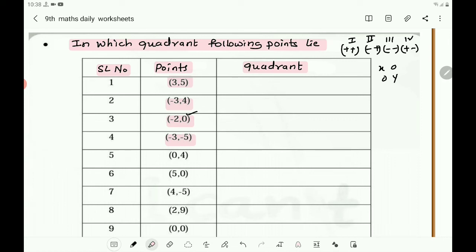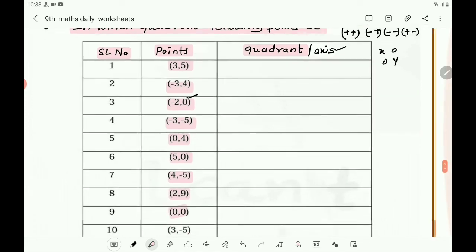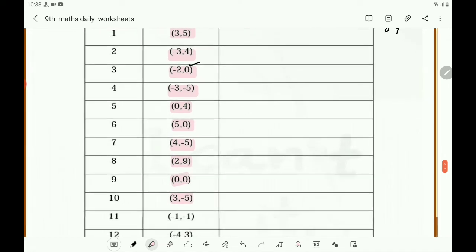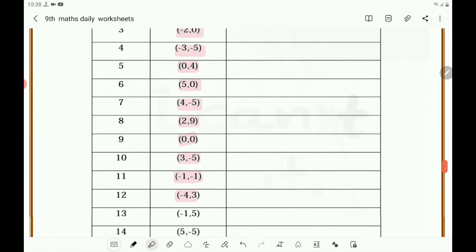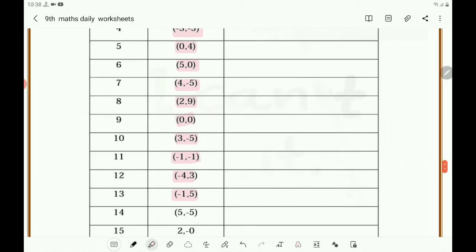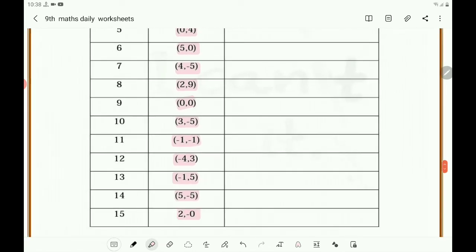Next, here you take the axis also. Either you have to take the quadrant or you have to take the x-axis or y-axis. Then (0, 4), (5, 0), (4, -5), (2, 9), (0, 0), (3, -5), (-1, -1), (-4, 3), (-1, 5), (5, -5), (2, 0).